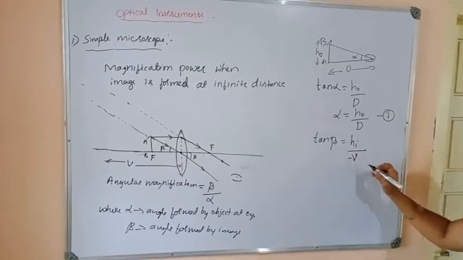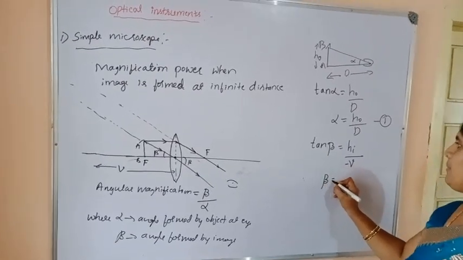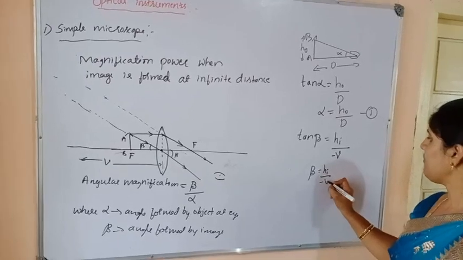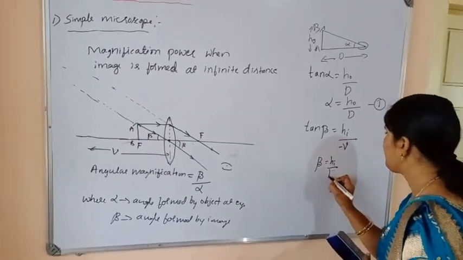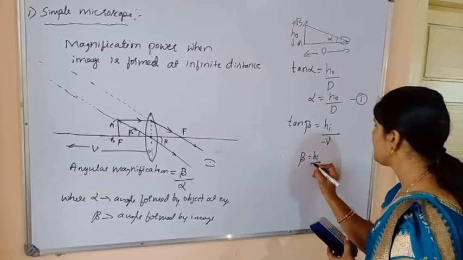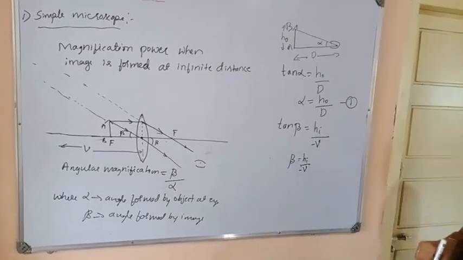So we get minus V. That is beta is equal to HI by minus V. HI is the height of image and V is the image distance.